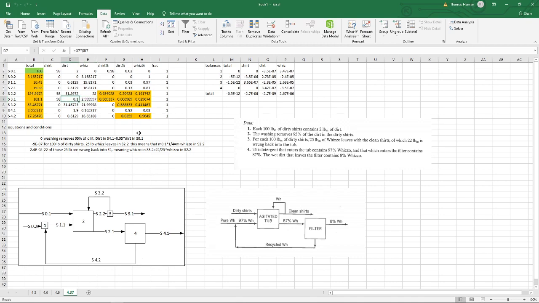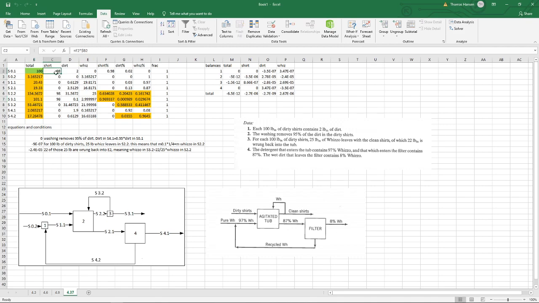So although we have gone down in the dirt mass, we actually have some Wiso still present in our 3-1 stream. So that's why you hang your shirts to dry after you've cleaned them of dirt with Wiso. So that's why we have this slight increase in the total stream.